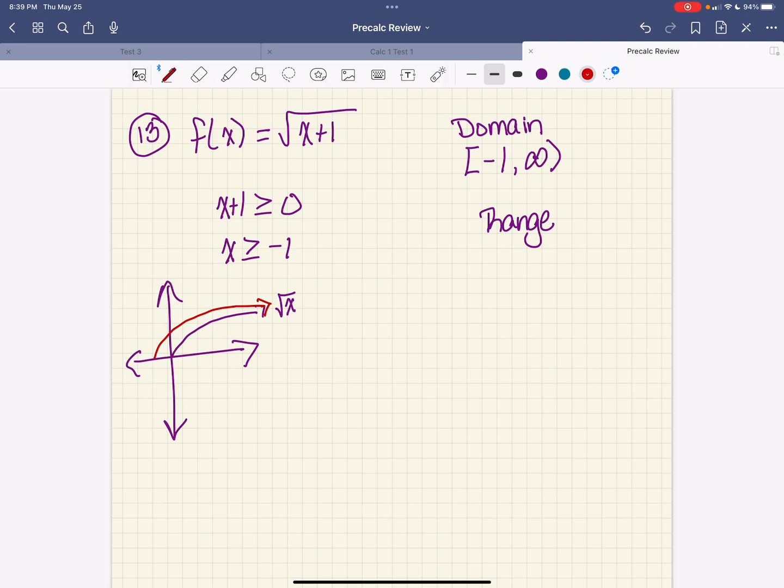And so my range doesn't change. My range starts at 0. I don't move down into any of the negative values. Remember, range is our y values, so my range starts at 0 and goes to infinity. Okay, so that's my range.